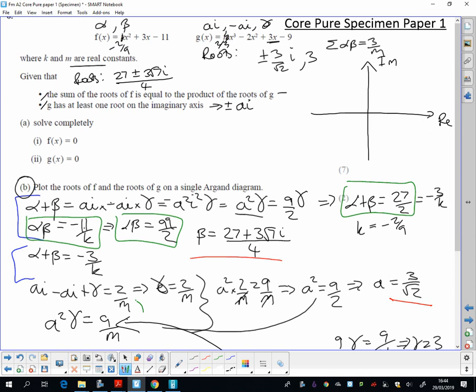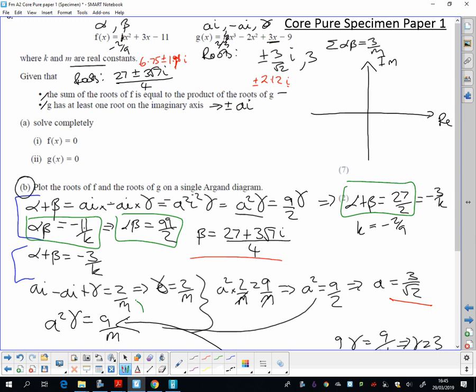I wouldn't write this down, but if you put this third in your calculator, you can find that it's 6.75 plus or minus roughly 1.98i. And you can also find out that 3/√2 is roughly 2.12. This will then allow us to put these roots in the correct places on the diagram.